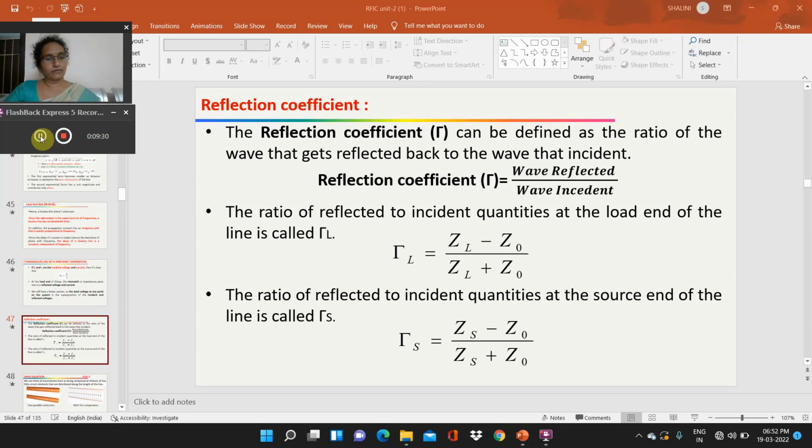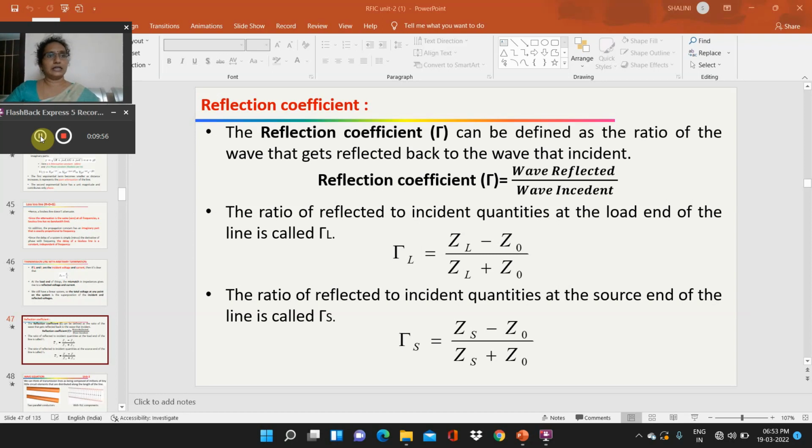The ratio of reflected to incident quantities at the source end of the line is called gamma S, equal to (Zs minus Z0) by (Zs plus Z0). And also, one of the important points here is VSWR, the voltage standing wave ratio. It is also defined in terms of ZL by Z0.